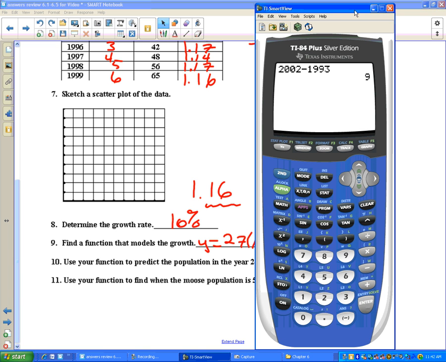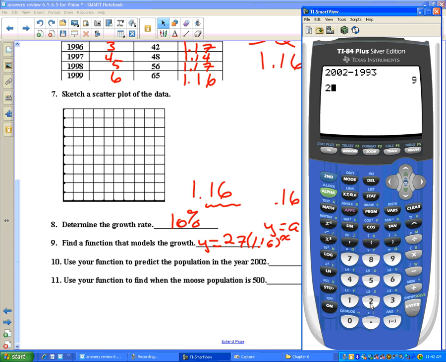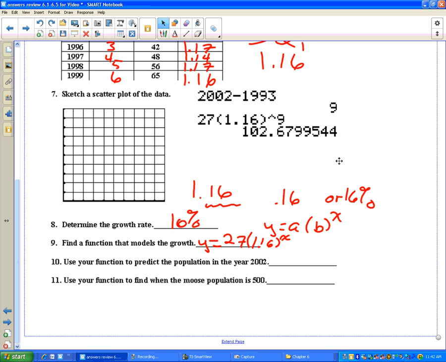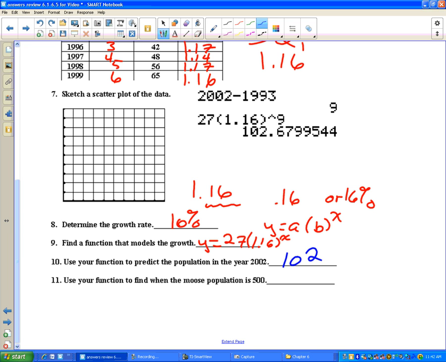So this is 27 times 1.16 to the 9th power. And so the population in 2002 is going to be about 102, between 102 and 103. Use your function to find when the moose population is 500.